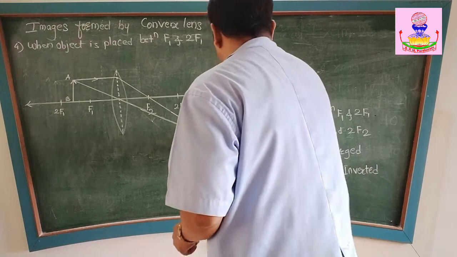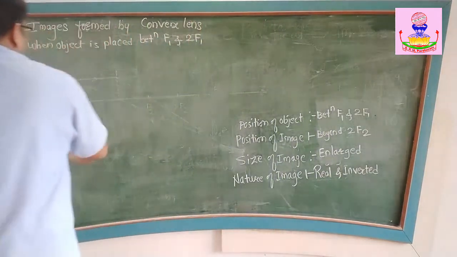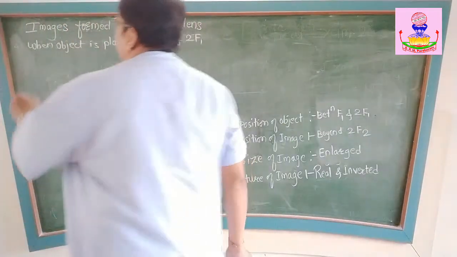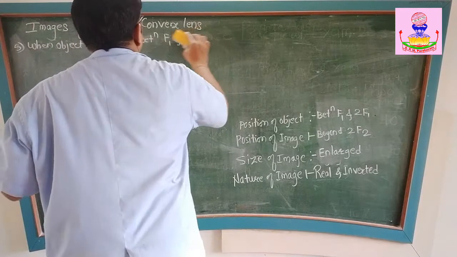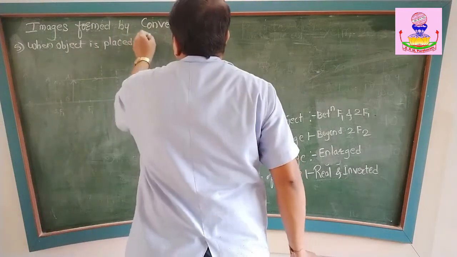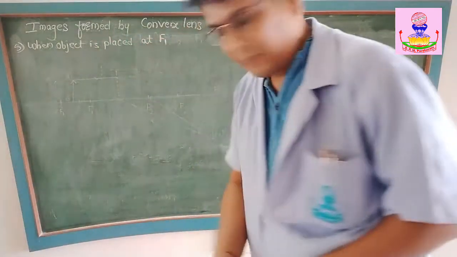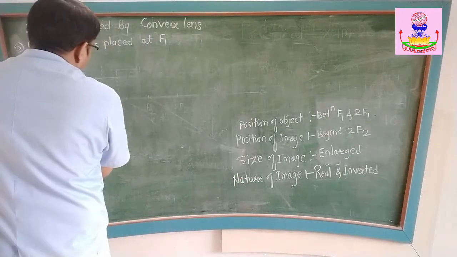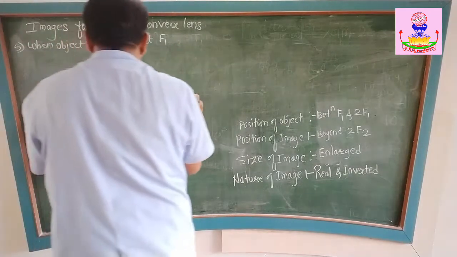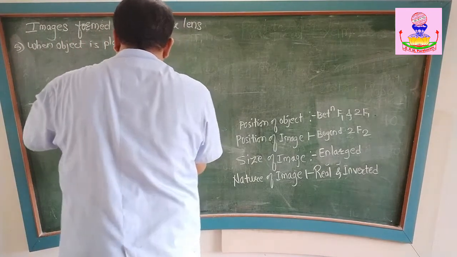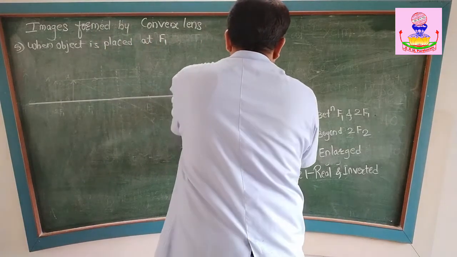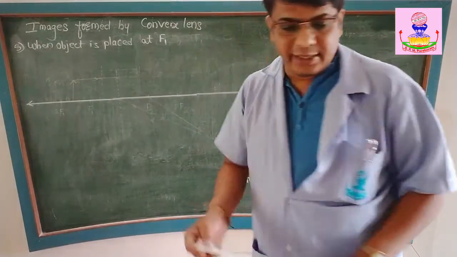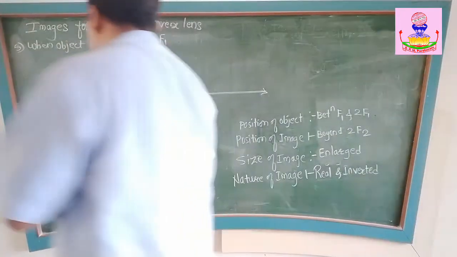Let us go for the next position, when the object is placed at F1. So, fifth position, when the object is placed at F1. First draw the principal axis, then draw the convex lens.